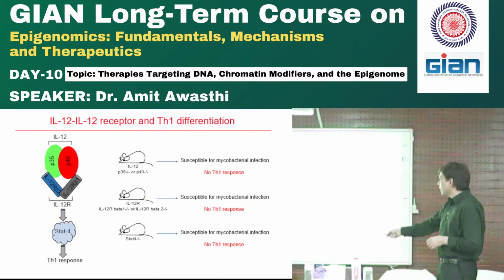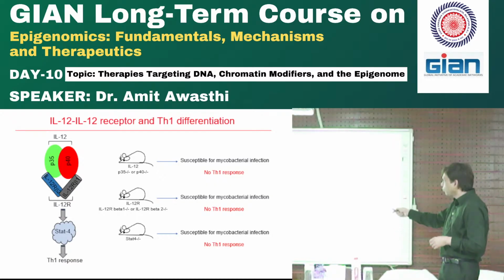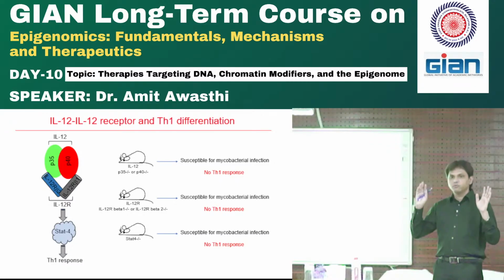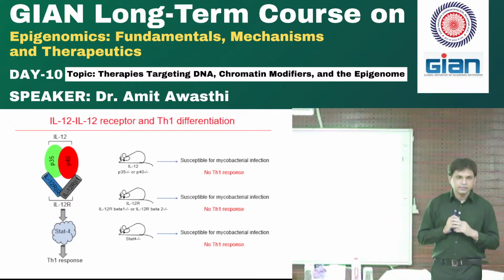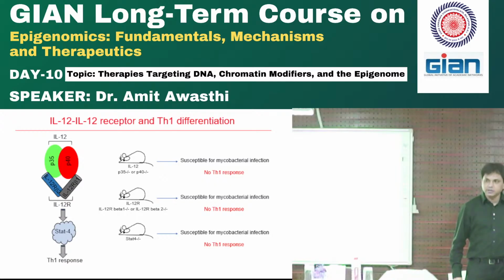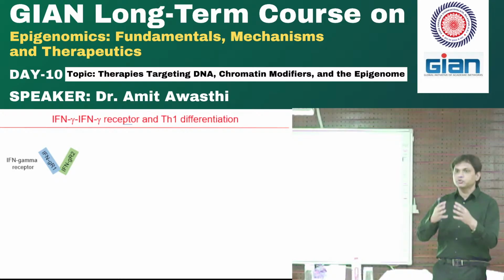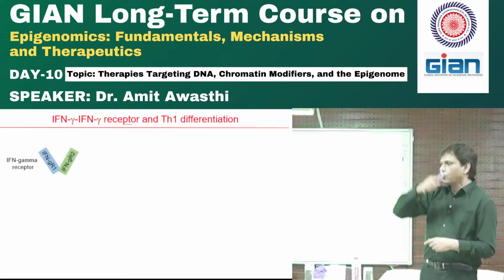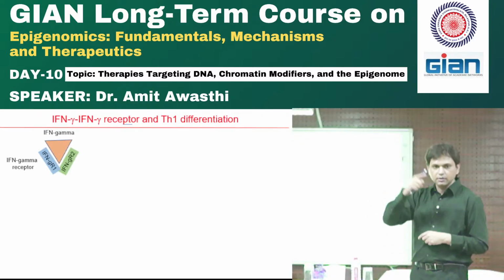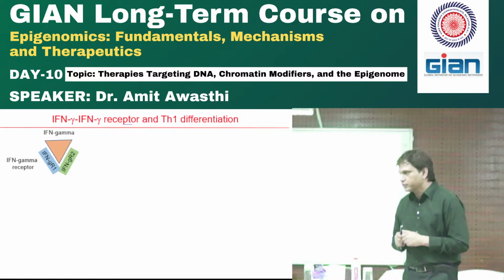If you create a STAT4 knockout, same. So the whole pathway, that means this is required, this is required, this is required for functional Th1 cells that eliminate intracellular pathogens. I told you that when the Th1 cells produce interferon gamma, it acts in an autocrine manner to further amplify Th1 cells.